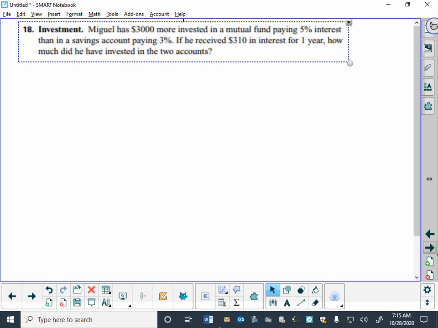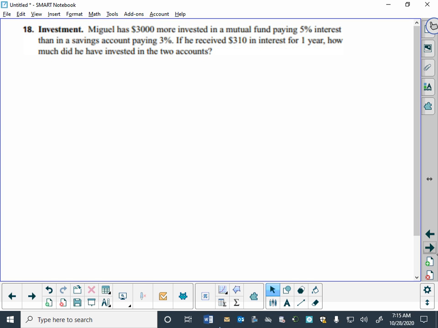All right. This one is labeled as an investment problem. So Miguel has $3,000 more invested in a mutual fund paying 5% interest than in a savings account. Okay, so that pays 3%. If he received $310 in interest for 1 year, how much did he have invested in the two accounts?